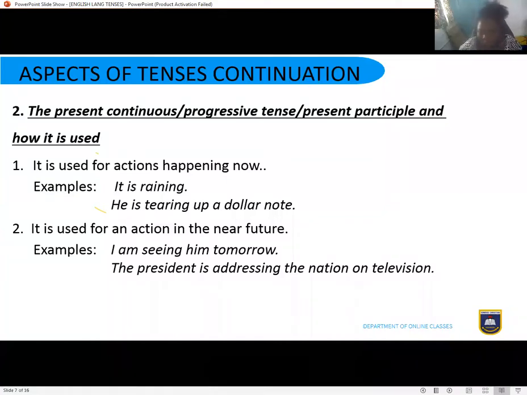All right. So that is that on the present continuous tense, or the progressive tense.